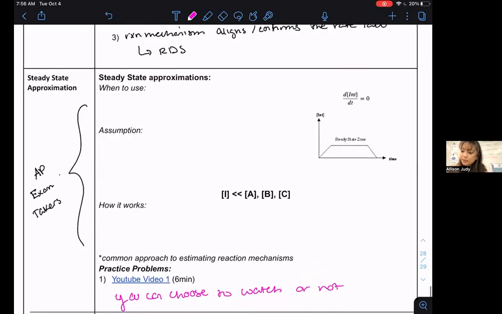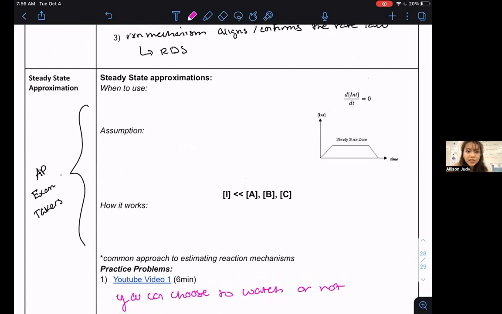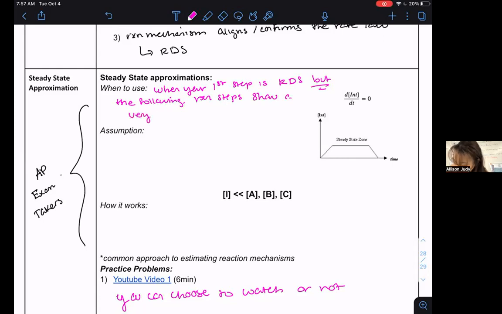So for steady state approximation, when do you use this? Well, it's only used when your first step is the RDS, but the following reaction steps show a very similar rate.